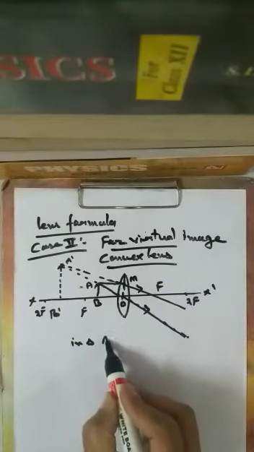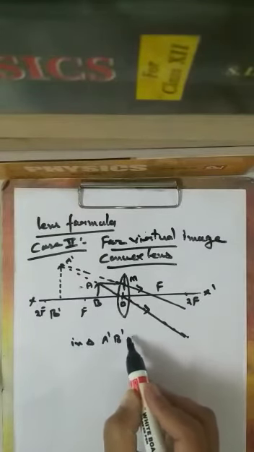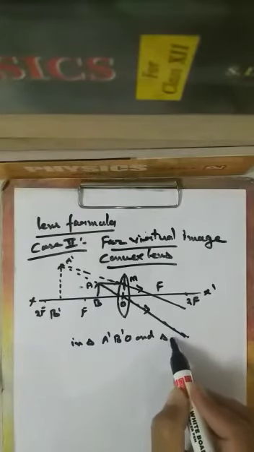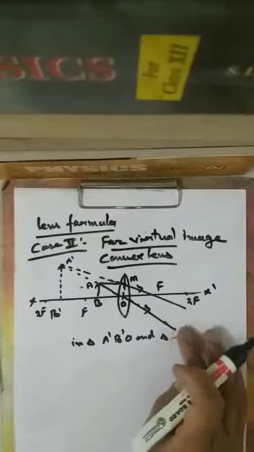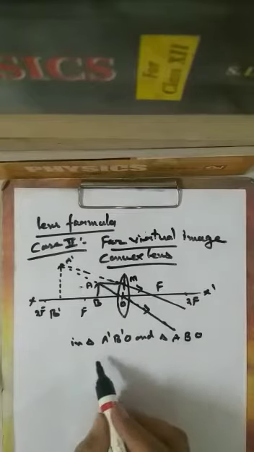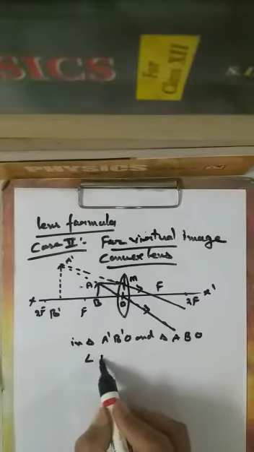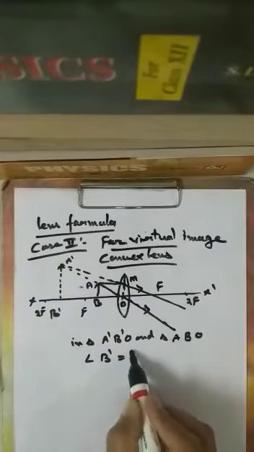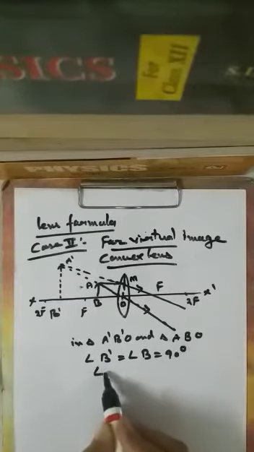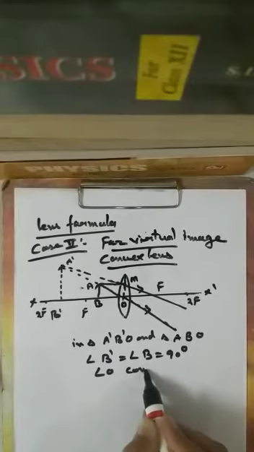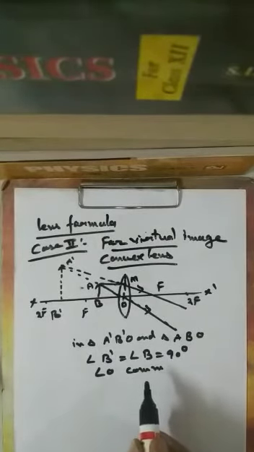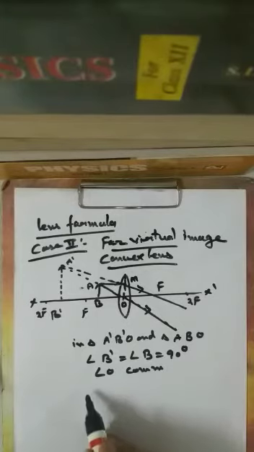In triangle A dash B dash O and triangle ABO, angle B dash and angle B are 90 degrees, and angle O is common.